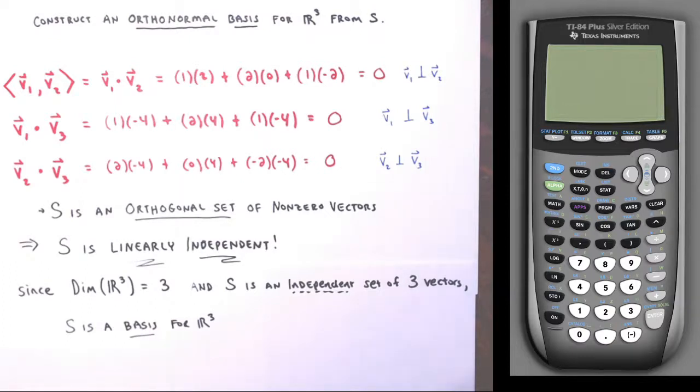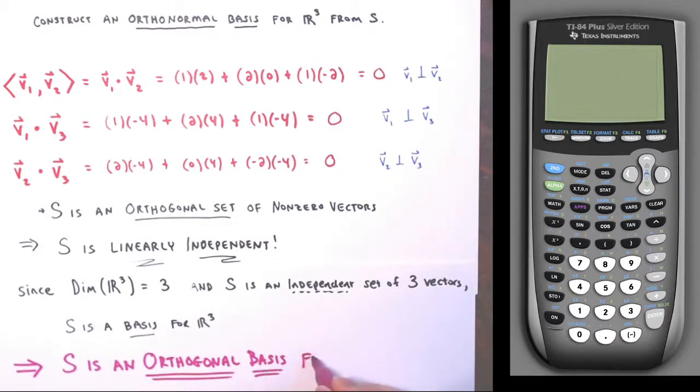Putting all that together, S is an orthogonal basis for R3. And again, I'm not mentioning the dot product, but when I don't mention it, just assume I mean under the standard inner product, under the dot product. Wonderful.